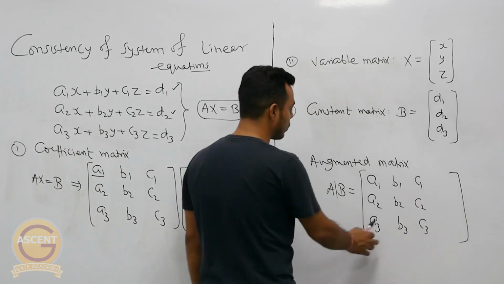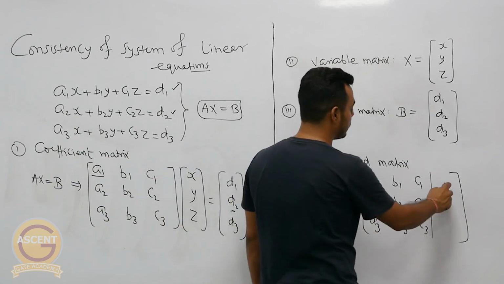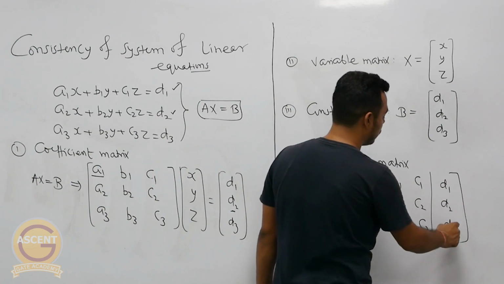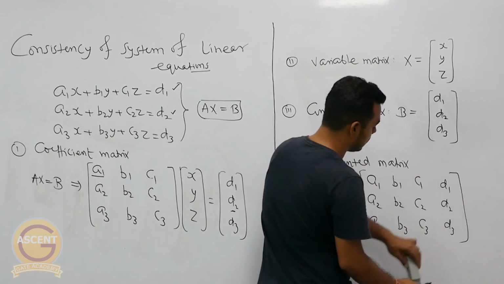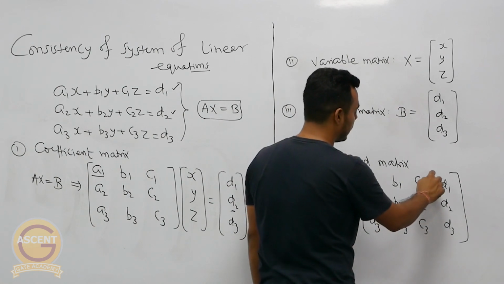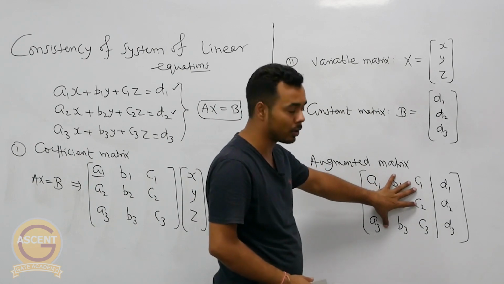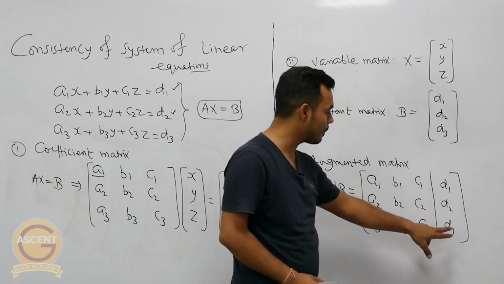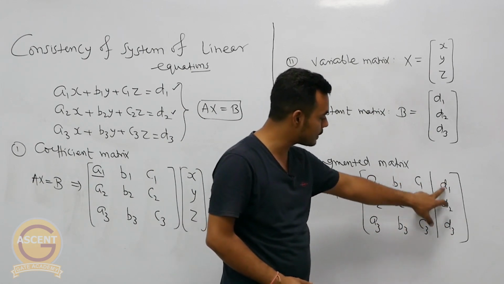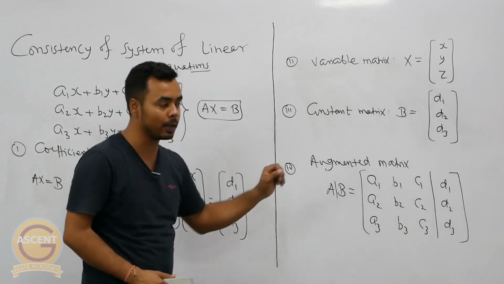Then we write the constant matrix B: d1, d2, d3. Sometimes this line is erased, but you have to understand that before this line is the coefficient matrix A, and after it is the constant matrix B, and these two combined are the augmented matrix A slash B.